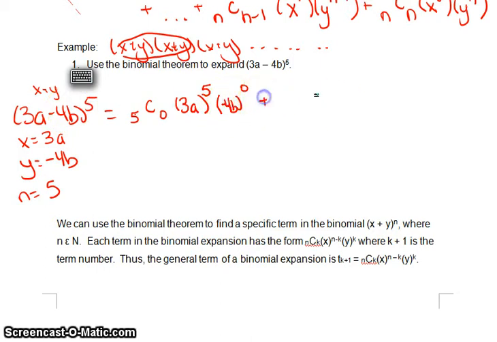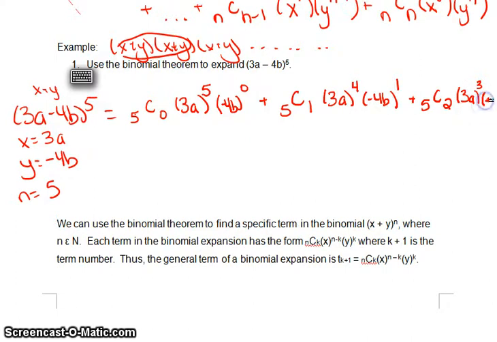Then our second term will be 5 choose 1, times 3a to the exponent of 4, times negative 4b to the exponent of 1. Then we'll have 5 choose 2, times 3a cubed, times negative 4b. Sorry, I'm running out of room there. And that one there will be squared. I'm going to write over here now.